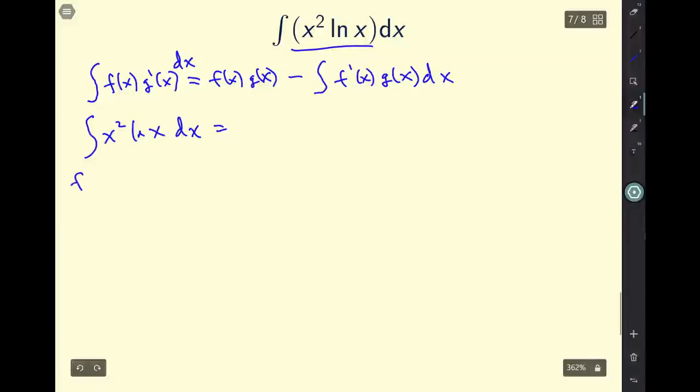So remember, the f of x, we want it to be easy to find the derivative of it. And since my choice is here x squared or log x, both of them are pretty good candidates for f of x. What about g prime of x? Remember, g prime of x, we're going to have to integrate it, so we want something that's easy to integrate.